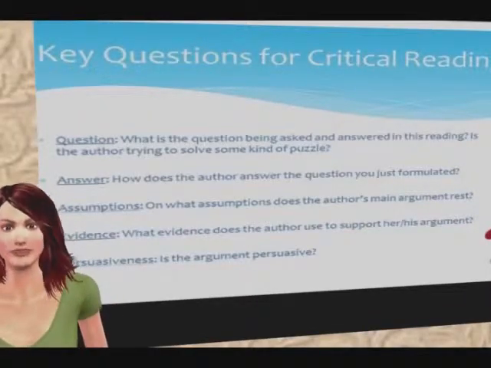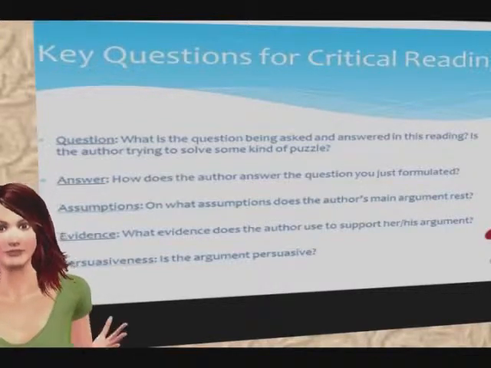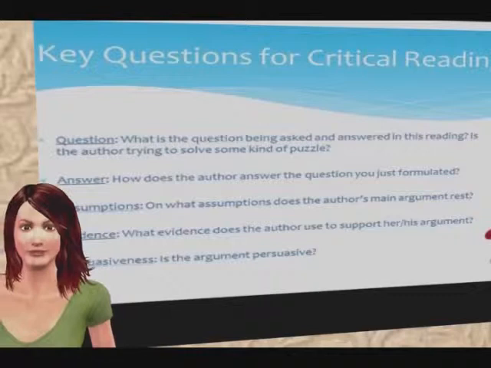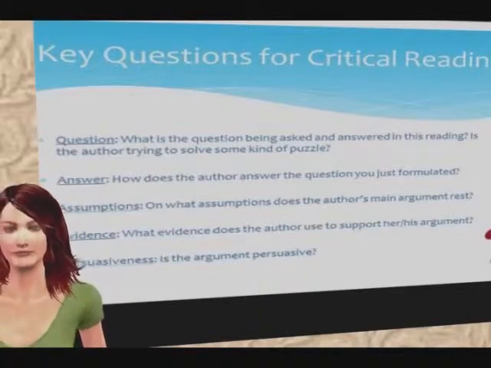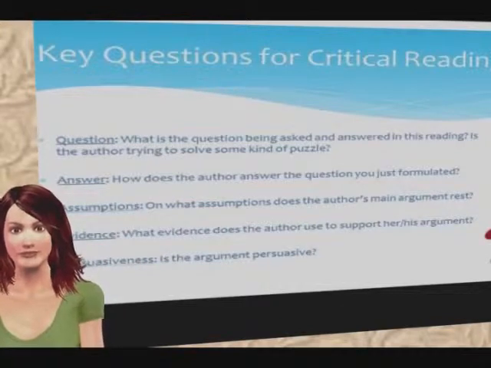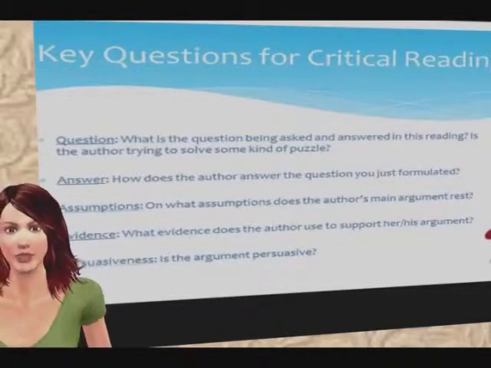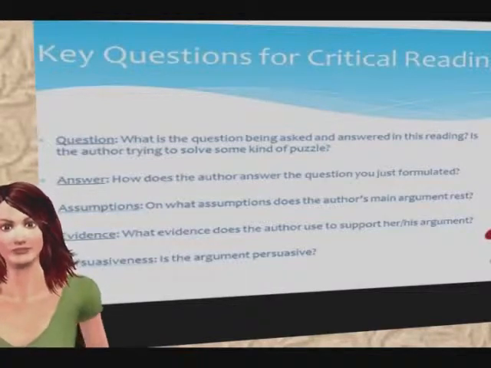And then in terms of the answer, a lot of times authors will say, I will argue in this reading that. Anytime you see an author preface a sentence or a paragraph with, I will argue that, or my argument in this article or book is, then it's a pretty sure bet that that falls into that answer category.